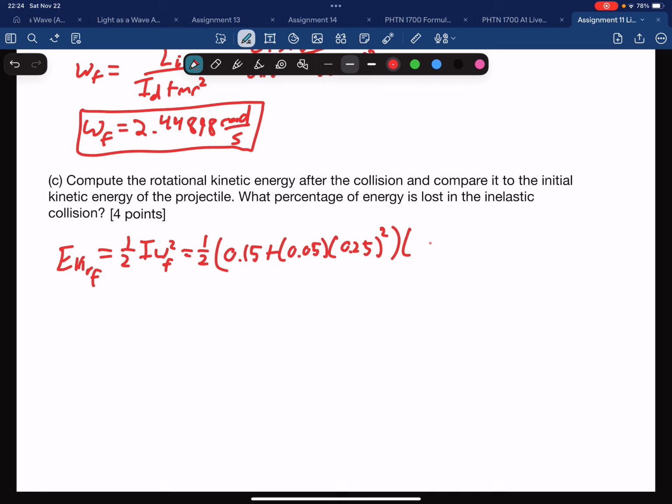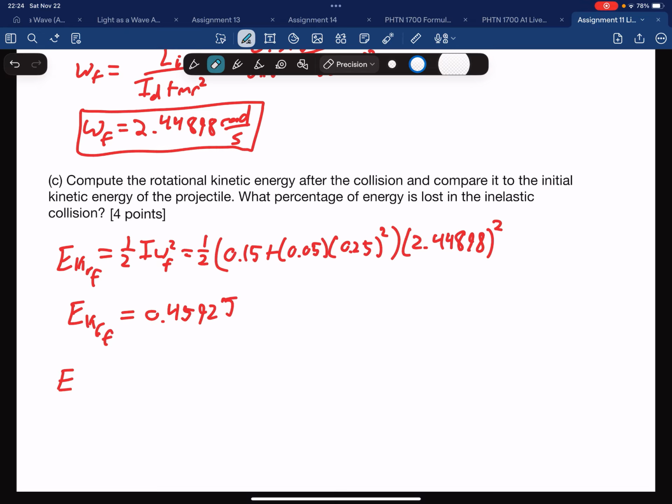So this is the 2.44898 squared that we just found in the previous part. And this gives me a final rotational kinetic energy of 0.4592 joules. The initial kinetic energy, EKI, is equal to 1/2 mv squared.